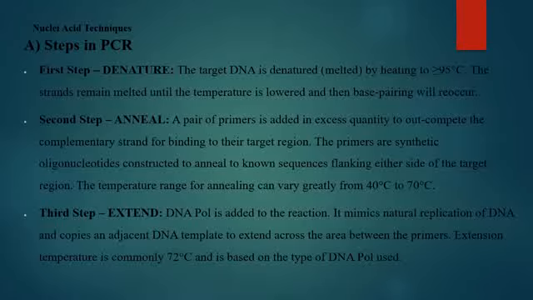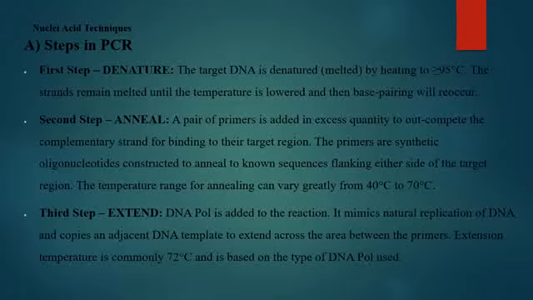Now, let's look at the steps in PCR. In doing your PCR, you first denature, then you anneal, then you extend. So denature, anneal, and extend. Now the first step is denaturing. In denaturing, the target DNA is melted by heating it up to more or equal to 95 degrees Celsius.